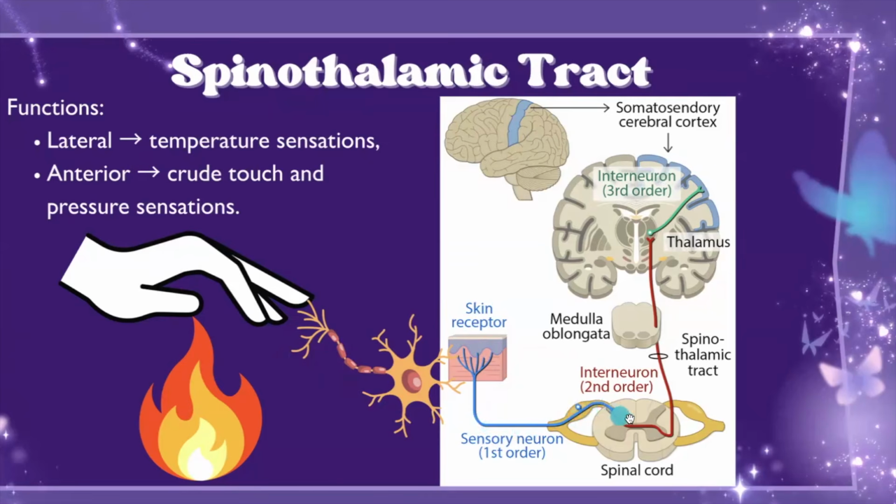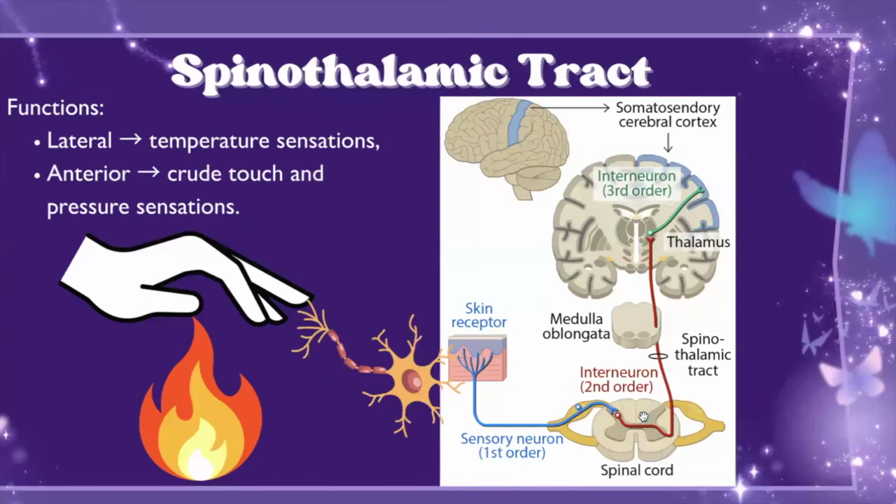They would go all the way over here, and then they would go up laterally because they form the lateral spinothalamic tract. However, if it's carrying crude touch and pressure sensations, this neuron would go to the anterior column and ascend anteriorly. In this specific case, though, it goes laterally because of the pain and temperature sensations.